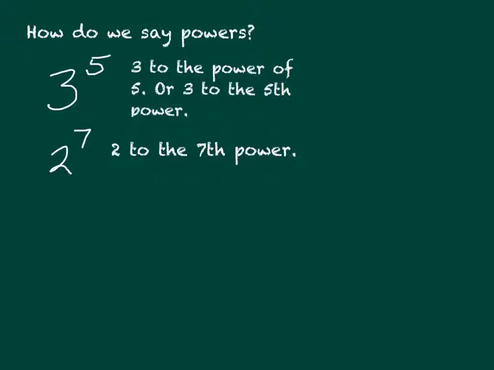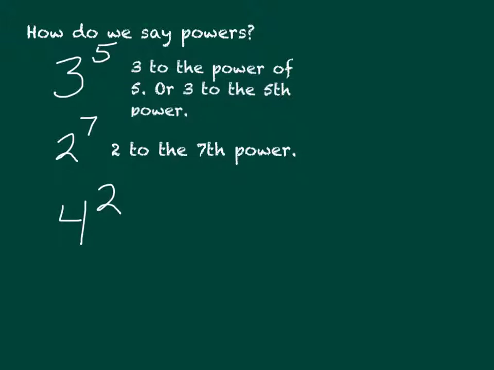Now, there are 2 powers that have their own special names. I wonder if you know what they are before I say it, but let's see. Say we have 4 and this floating 2.